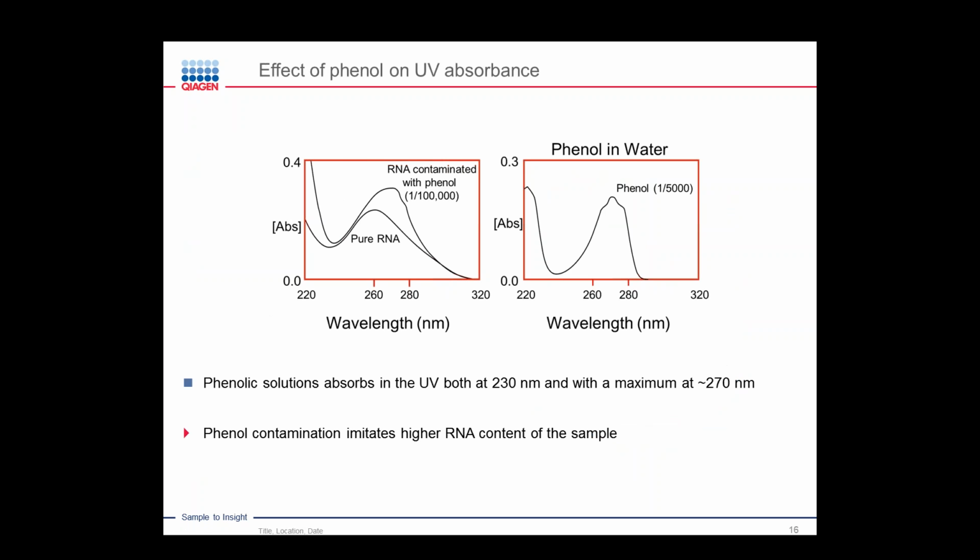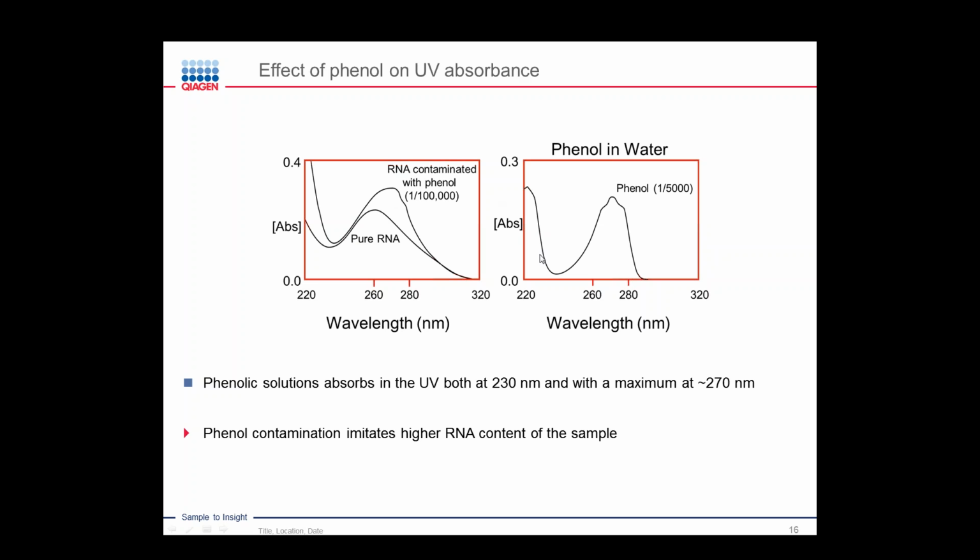In the next slide, I would like to show you the effect of phenol on the absorbance at 260 nanometers. In the left panel, you can see how the absorbance at 260 to 270 nanometers of an RNA solution increases even at low amounts of phenol in the sample. This is the curve for pure RNA with an absorbance maximum at 260, and the same solution contaminated with phenol with an absorbance maximum at 270 nanometers.